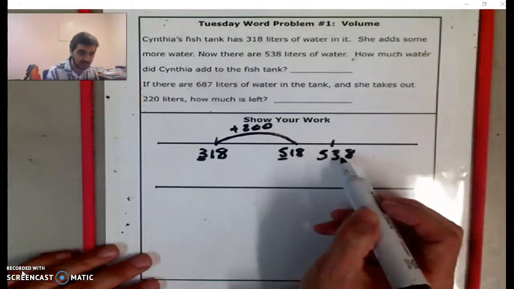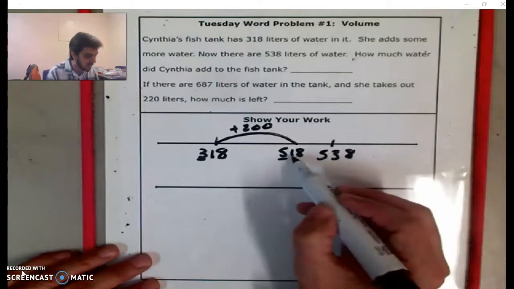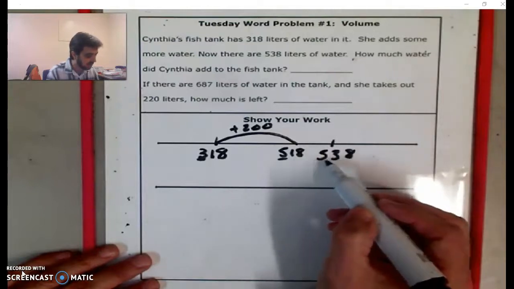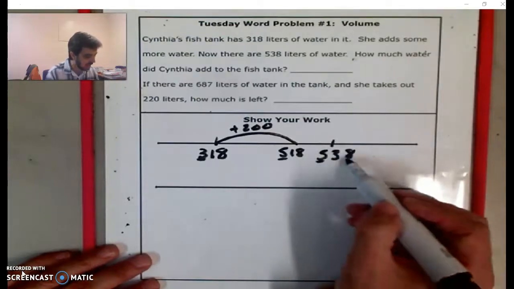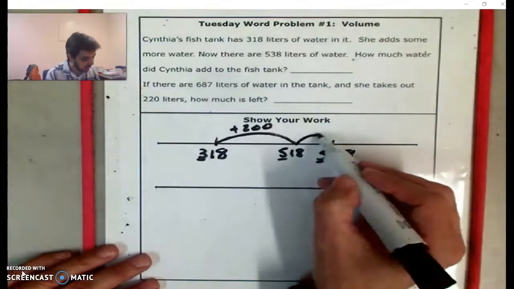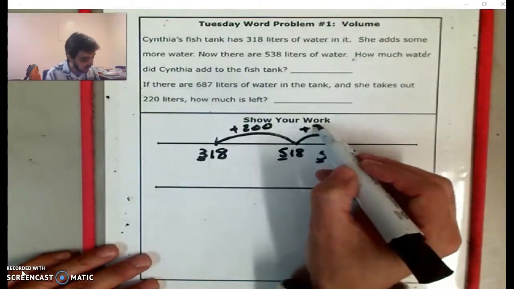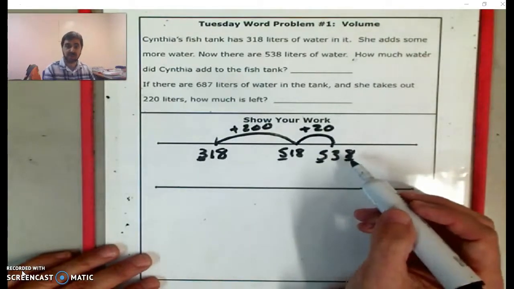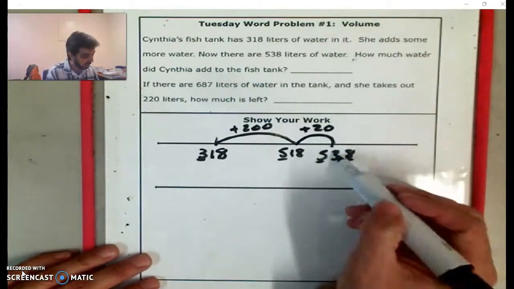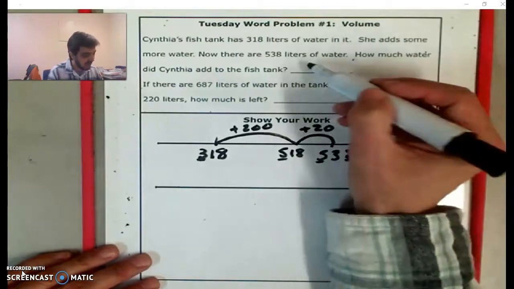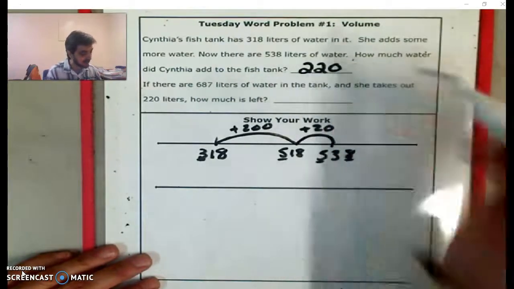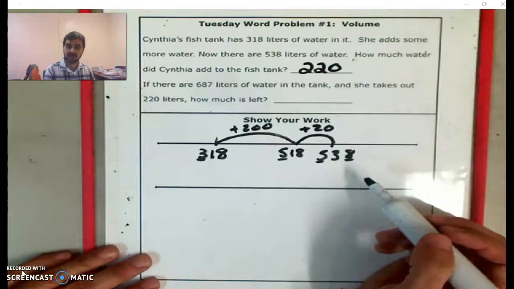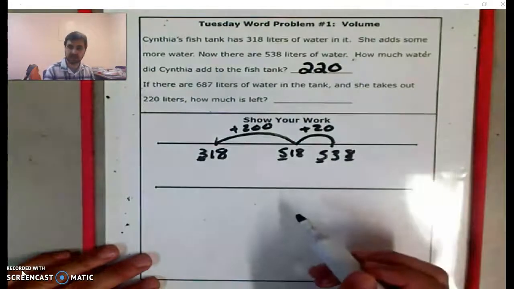I just need to add to the tens place to get to 538, because the 5 is the same and the 8's the same. So I think if I add 20, which is what we just did, I get to 538. So she added 220. Okay, so that's one way that you could think about solving that.